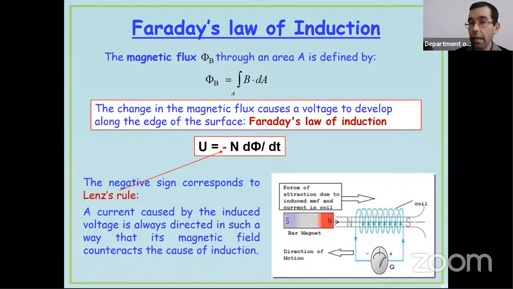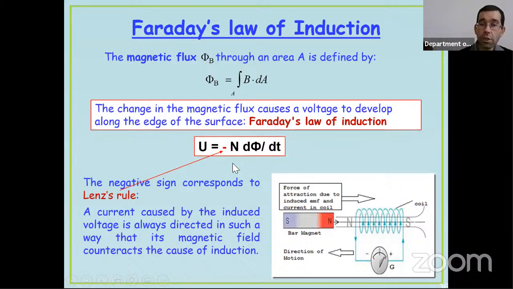This magnetic flux changes either due to a change of the magnetic field, for example by changing the current in a loop, or due to a change of the size or orientation of the surface area.